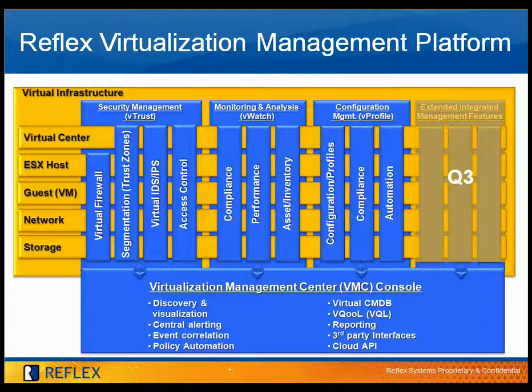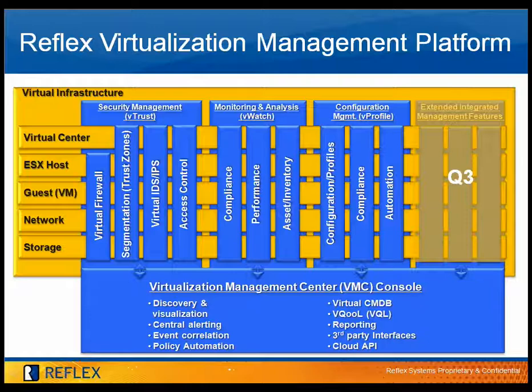Might be virtual servers, might be virtual desktops, but we use the term guest or virtual machine to represent the analog to desktops or physical servers. We've got a virtual network. We've got virtual storage. But in addition to those components which have their analog in the physical world, we have other components for which there is no analog.